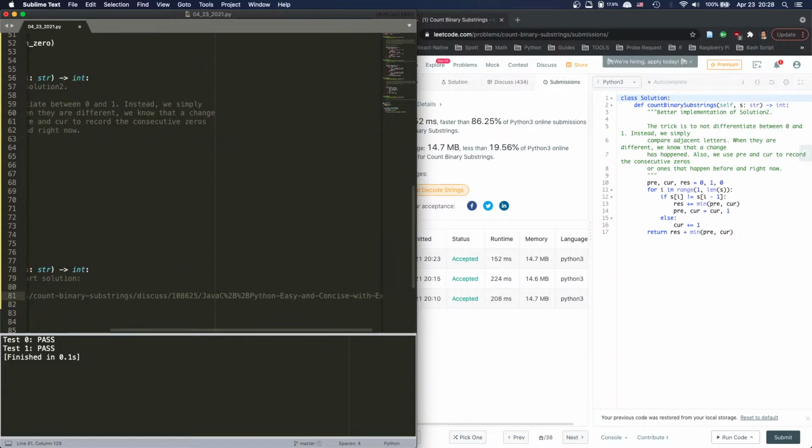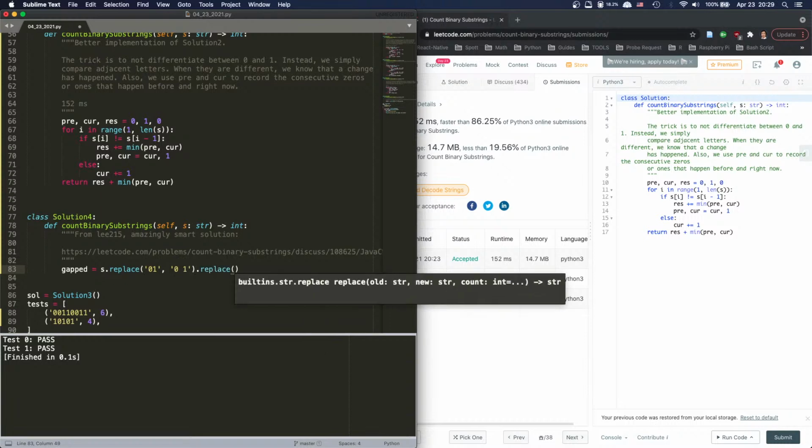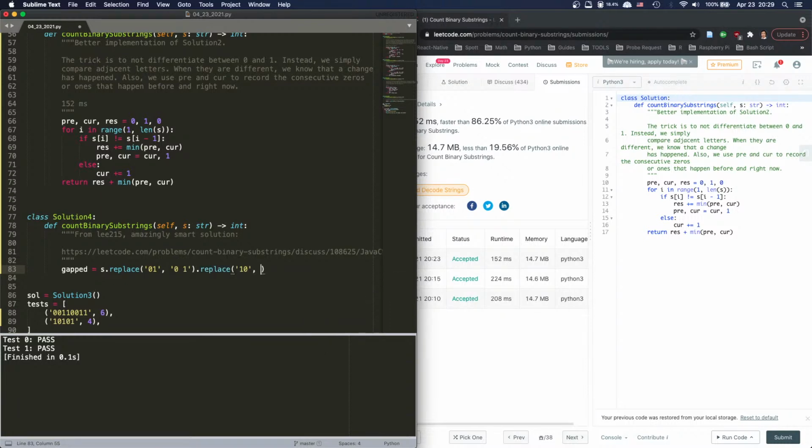So gapped equals s.replace, right? 0, 1. Man, this is just so smart. 0, 1, and we can chain it. 1, 0. That's a transition. 1, 0, right? And then we're going to split it.